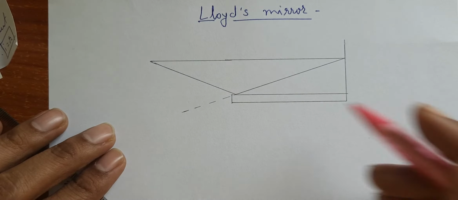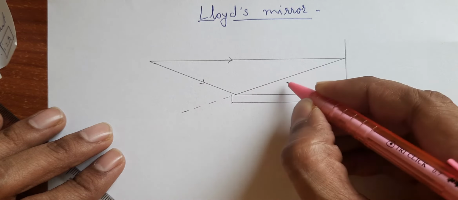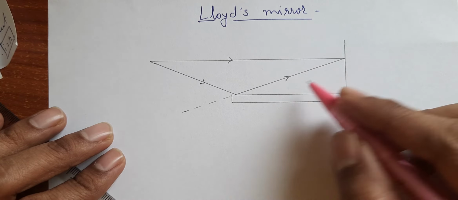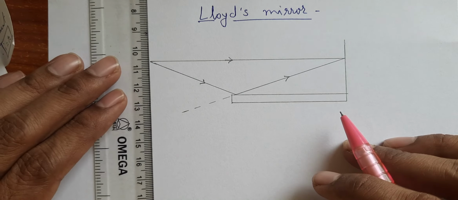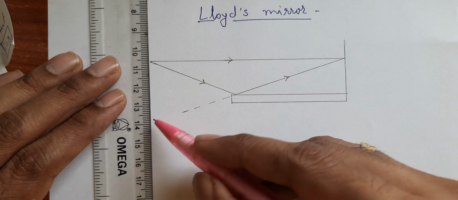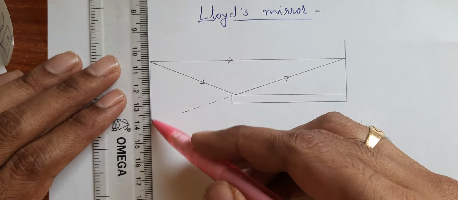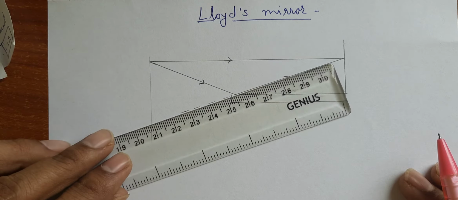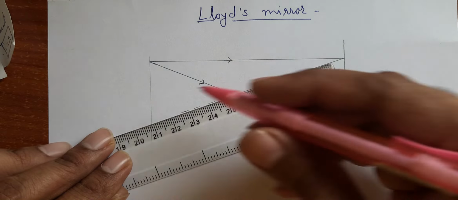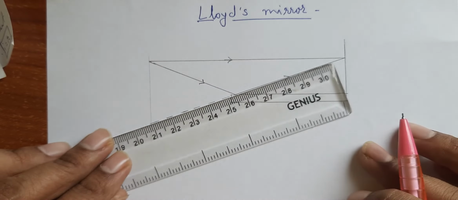This should be the correct diagram. So this is the direct ray, and this is what you are getting on the screen after reflection. At the same alignment, you can draw this faint line first. You can draw this faint line also, and up to this point you can extend this dotted line, and then you will get the virtual source.